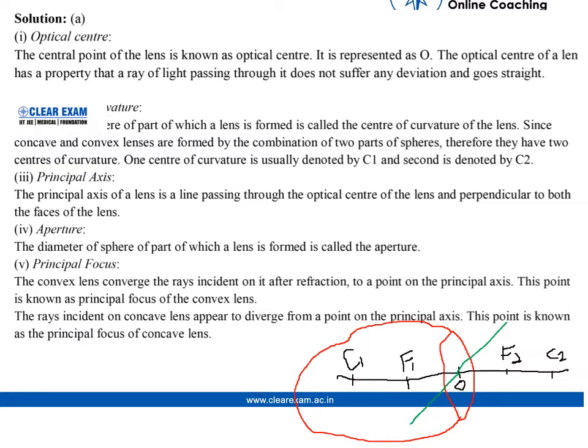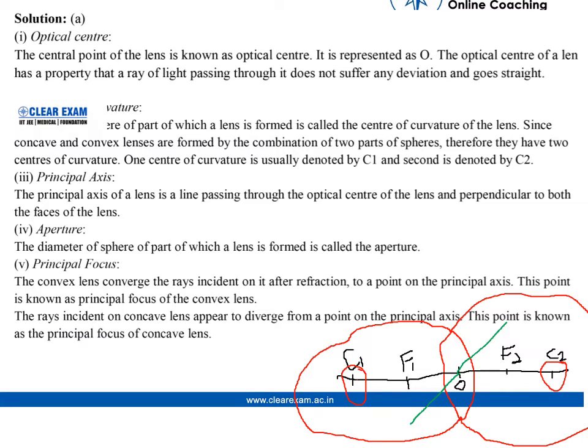Since the concave and convex lenses are formed by a combination of two parts of spheres, we have two centers. One part is this, and another part is this one. So we have two spheres, that's why we have two centers of curvature, C2 and C1.